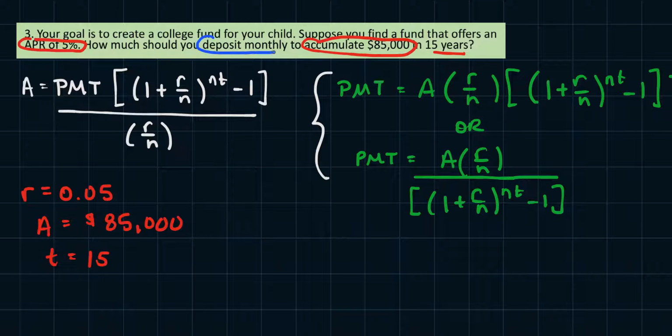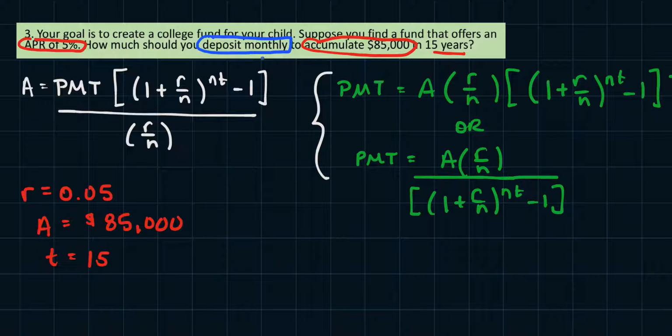This one says deposit monthly. The other formulas, the compound interest formula and the compounded continuously formula and the simple interest formula, all of those were when you were putting in money one time. You weren't adding any more money to your savings account. When you're depositing monthly, you're making a savings plan, and that's how you know you're going to need to use either this formula or this one here.